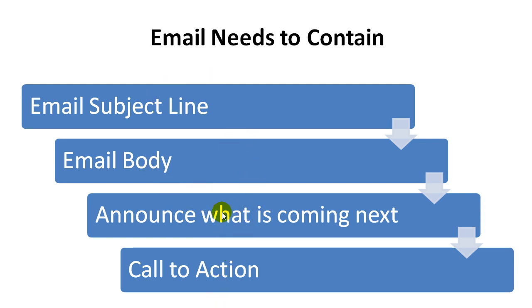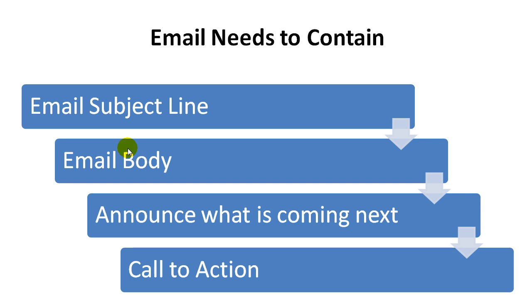So you can have the call to action before that. But this basically just tells them, hey, be on my list because something else of value is about to be sent to you. And then you have the call to action. Make sure that you include what you want them to do. And make sure that the call to action actually has something to do with the email body.